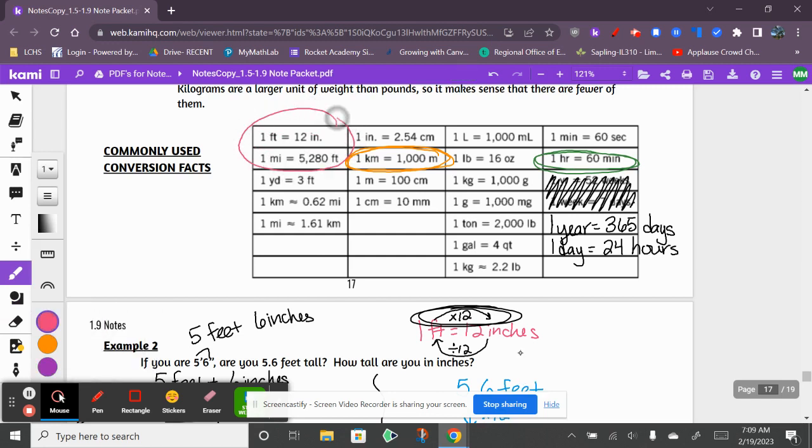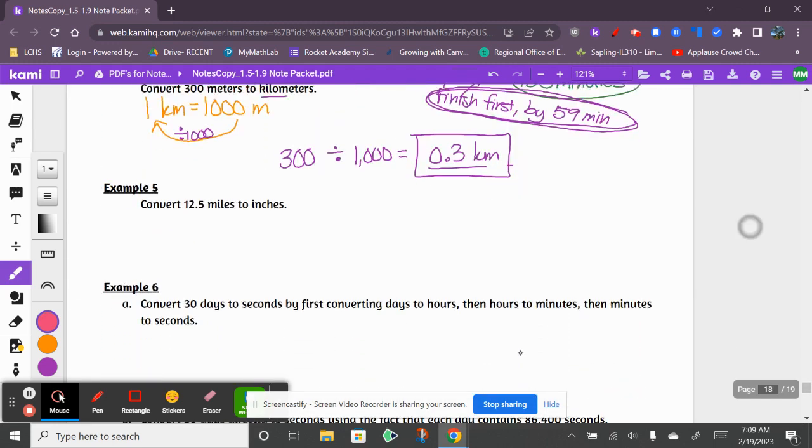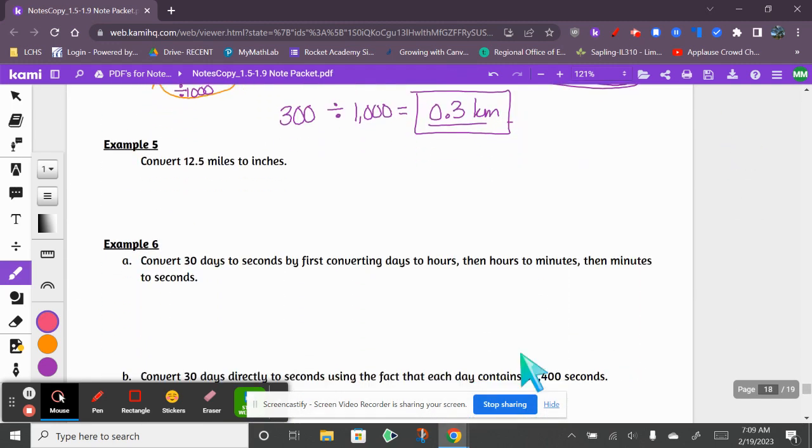What we do have is miles to feet, and then we also have feet to inches. So you're going to end up using that to help you. So we know that we have miles to feet, and we're going to connect that with the fact that we have feet to inches. So we're going to use both of those.